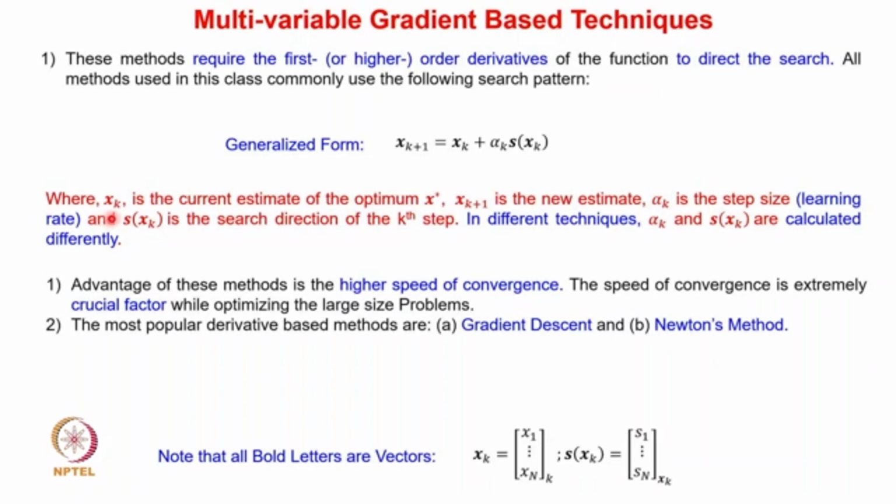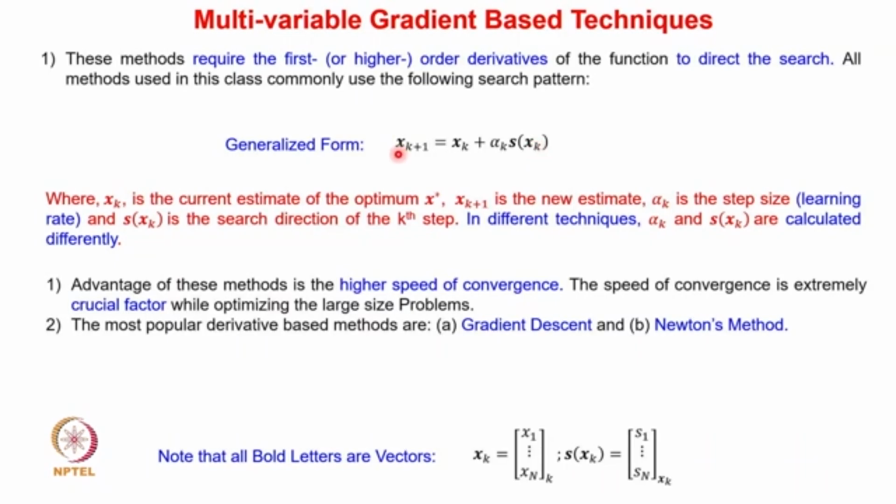Here x k is the current estimate of the optimum x star, where x star is the global optimum we are looking for. X k plus 1 is the new estimate, alpha k is the step size or learning rate, and s x k is the search direction of the kth step. One more thing to note is that all the variables shown in bold letters are vectors.